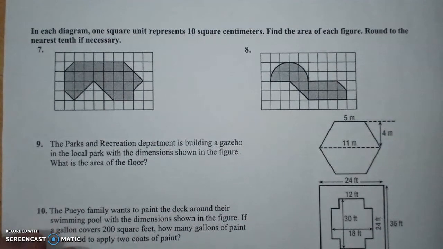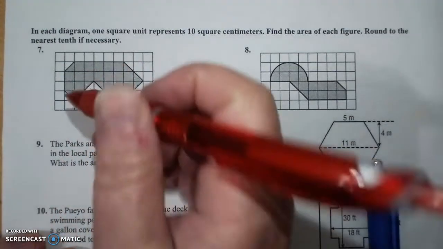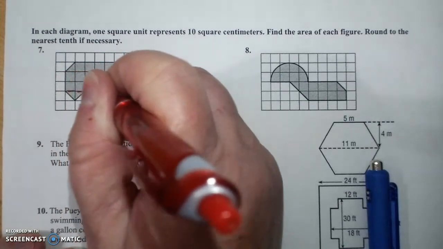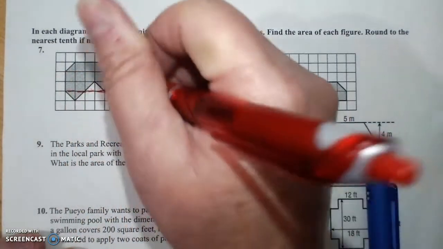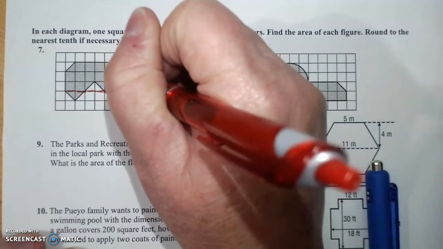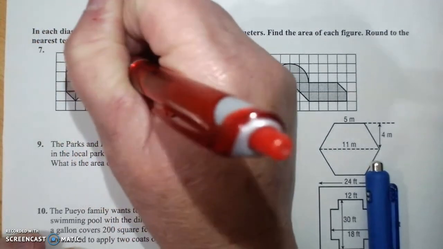Part 2 of finding area of composite figures. I'm going to do this one, and I'm going to basically make a rectangle.